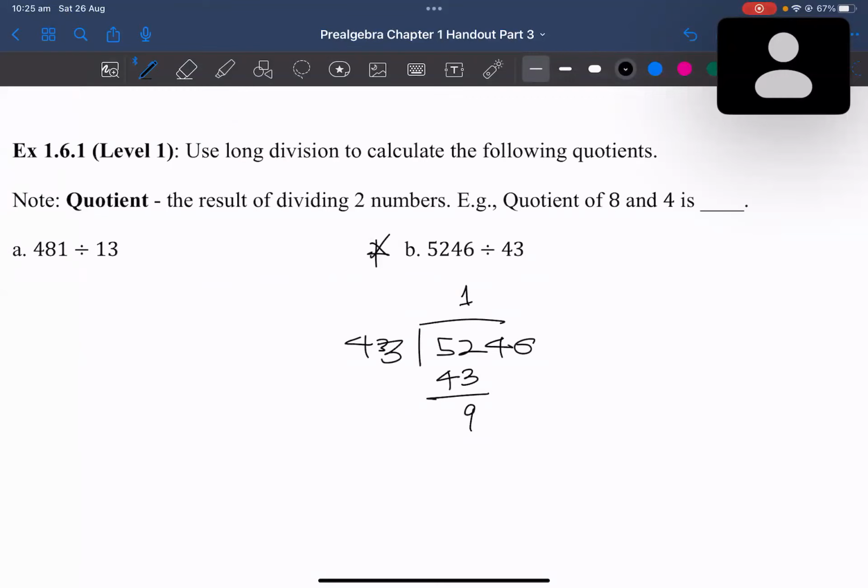And then bring the 4 over. How many 43s are in 94? 2, right? 43 times 2 is 86. Subtract. And 86, which is exactly 2. The whole number. This is how you get to the answer.